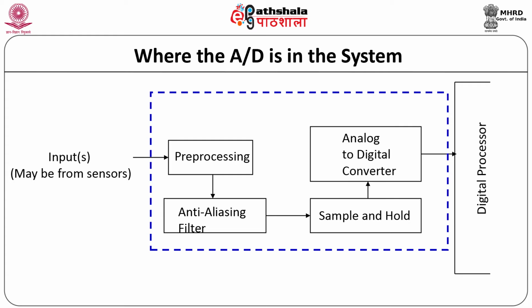The input, which may be from a sensor, is first given to the pre-processing block, which is then given to the anti-aliasing filter, which basically restricts the bandwidth of the signal approximately or completely to satisfy the sampling theorem over the band of interest. After that, the signal may be sampled and finally given to the analog to digital converter, which basically feeds the signal to the digital processor.